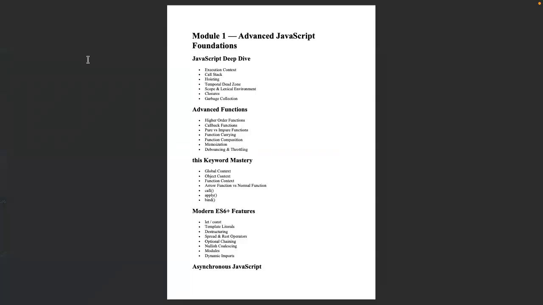So the first module will be JavaScript advanced, meaning along with what you learned in JavaScript, we will go more in depth. For example, you learned JavaScript. You know everything about functions. What is function chaining? Function chaining in JavaScript.